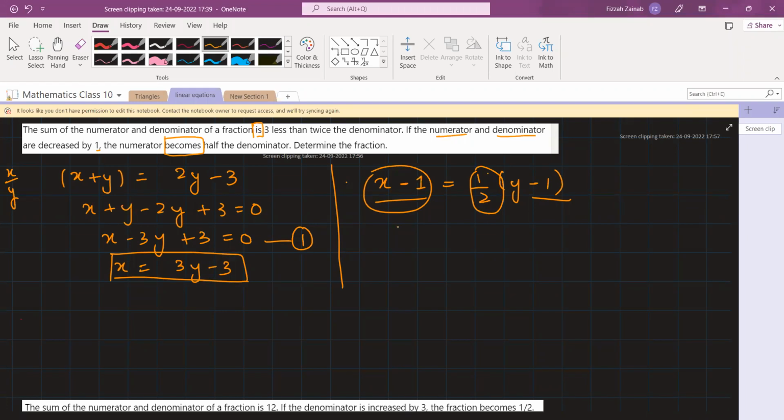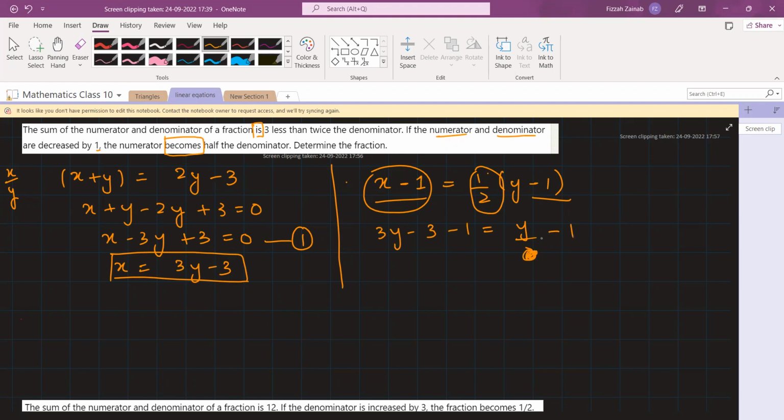Okay. So now you can directly substitute x here and simplify, right? x minus 1 is equal to y minus 1 by 2, or better you don't do it, just cross multiply.